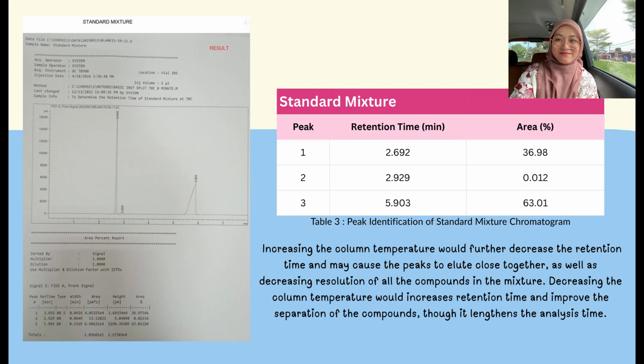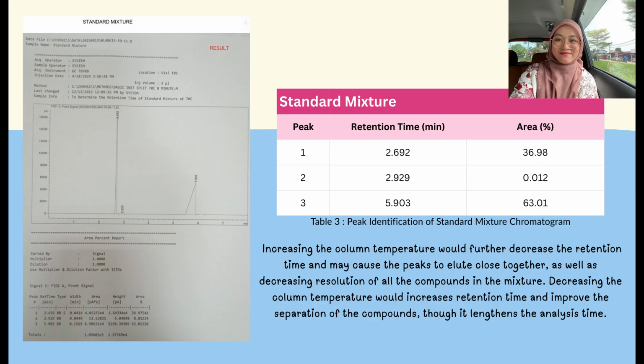This slide shows the chromatogram of the standard mixture at 70 Celsius. So from this chromatogram, we can see that there are three peaks indicating three different compounds in the mixture. So for the first peak, it appears at 2.692 minutes with an area of 36.98%.